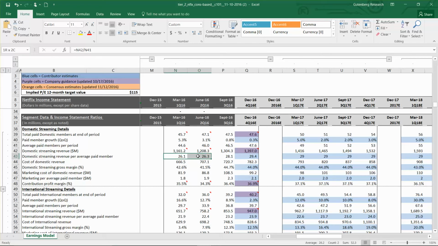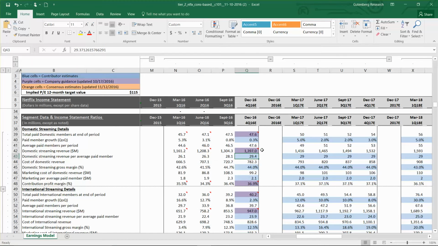You can see how the historic results have gone. If you know what's going on with Netflix, you'll know that some of the old subscribers were grandfathered into a lower subscription rate in the past, and that is expiring over time. Back in June, they were only earning about $26.30 per quarter per subscriber, and that increased in September to 28.